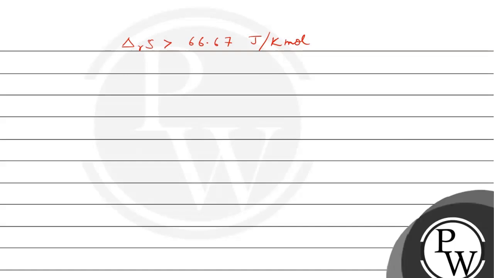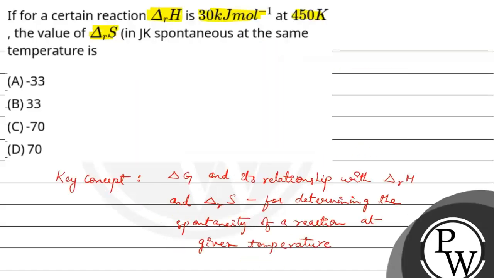Among the given options, the value that satisfies this is delta Rs greater than 70 joule per Kelvin mole. So this is near 70. Therefore, based on this, we can clearly say that option D, that is 70, is our correct answer. I hope you all have understood. All the best.